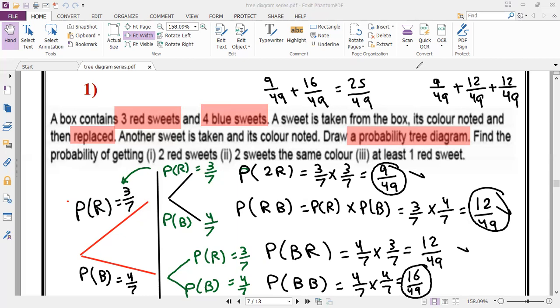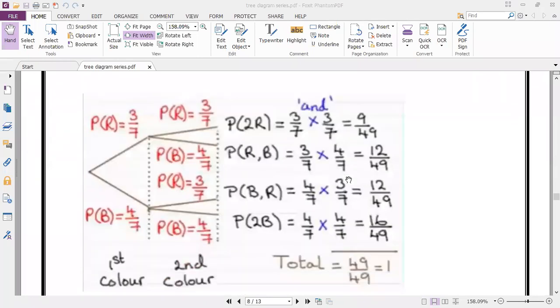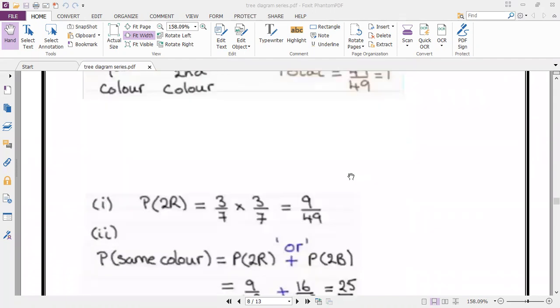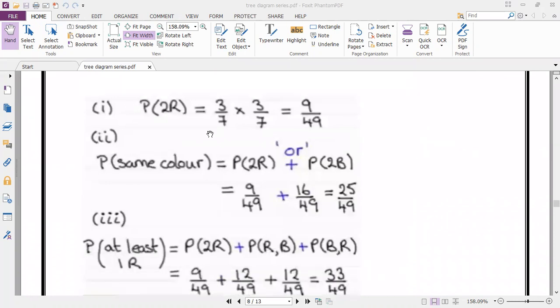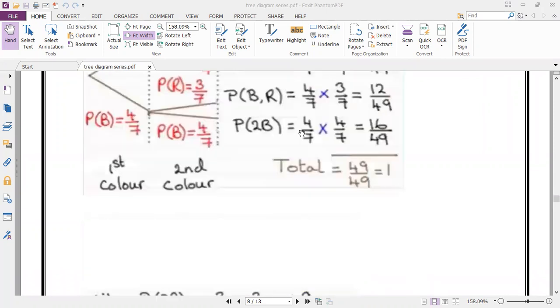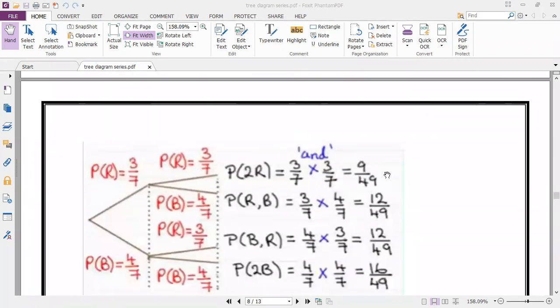Did you get it? This is the solution again. Look at the solution. The probability of getting red and red is 9/49. We did it. Okay. And the probability of getting red and blue is 12/49. So the probability of getting two red will be what? 9/49. I multiplied red times red.